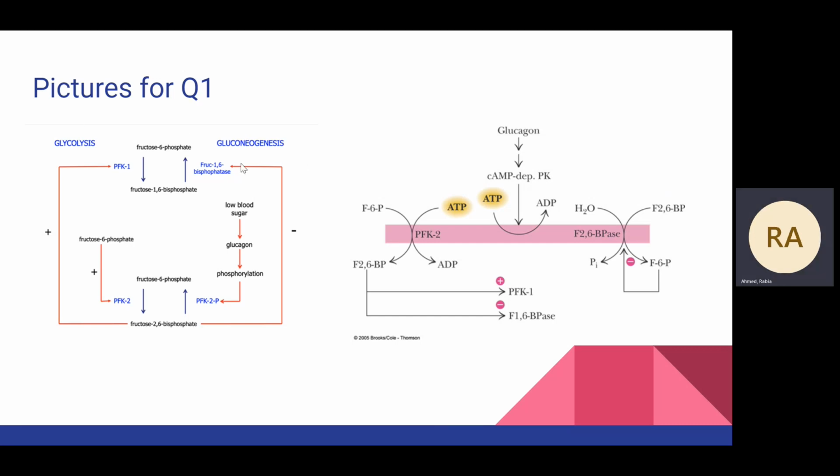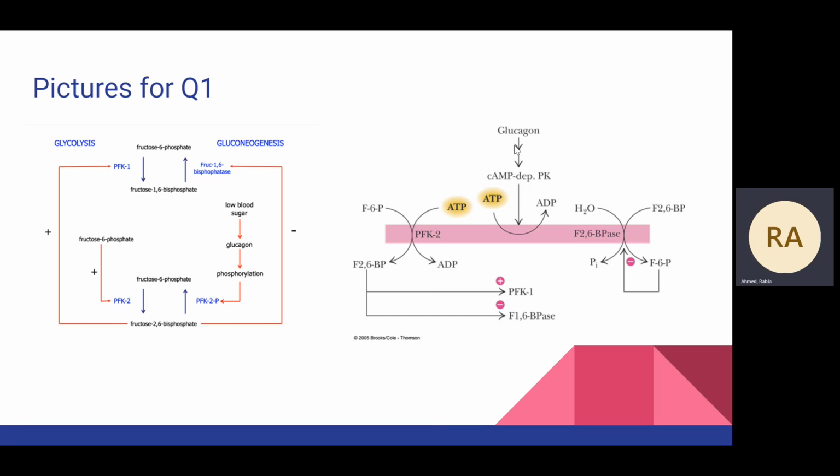So that means they can't be used in gluconeogenesis. So glycolytic is an irreversible pathway and it is spontaneous. So the free energy is going to be way less than 0. It's going to be a large negative number.